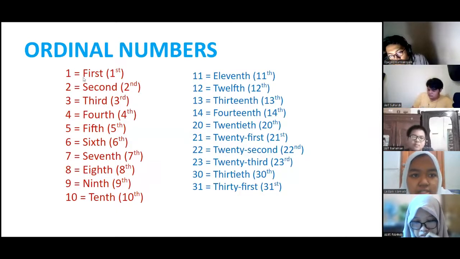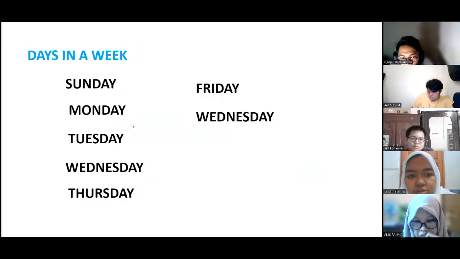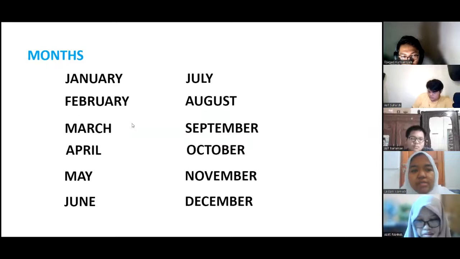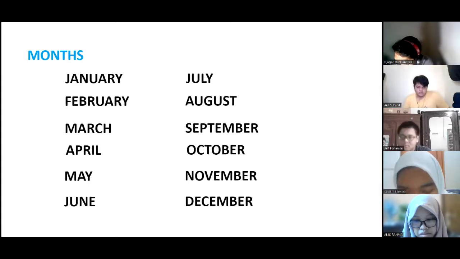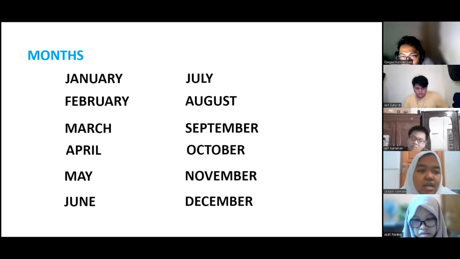The first, yang pertama, the second, the third, fourth, and then you combine it with the months of the year. So you will say 1st of January, 3rd of November for stating date. We have talked about it in the previous lesson.